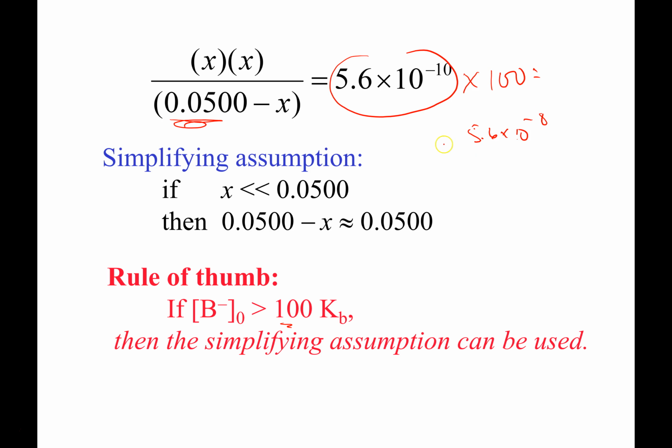That needs to be less than, in this case, 0.050. And that is true. So that's how that works.